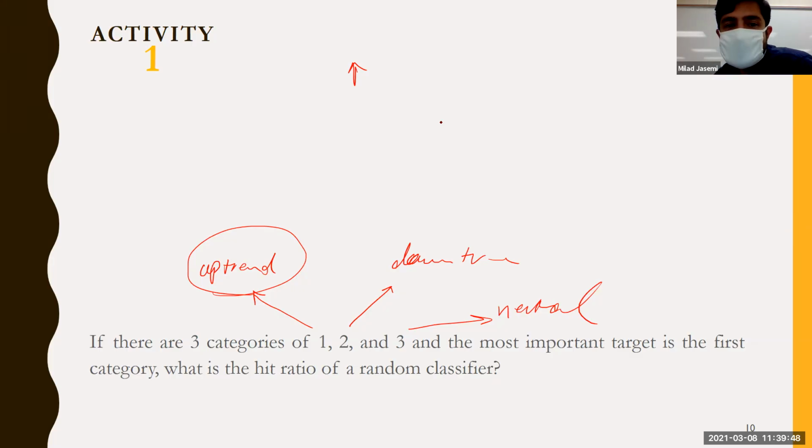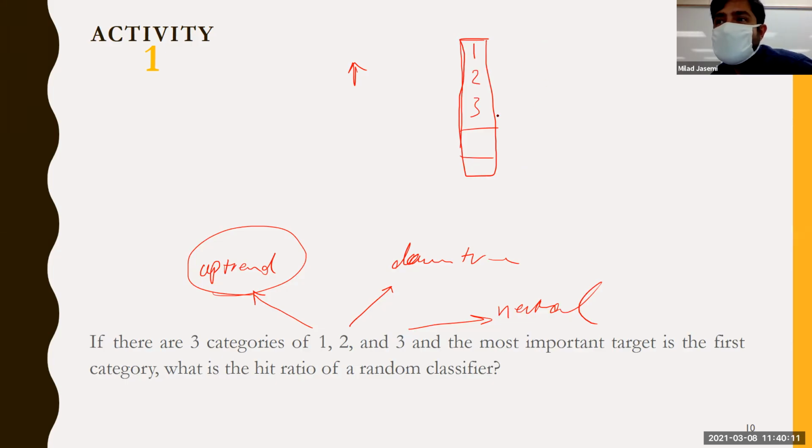You need to create some random cases of 1, 2, 3, and randomly pick them as the uptrend. See what is the hit ratio.